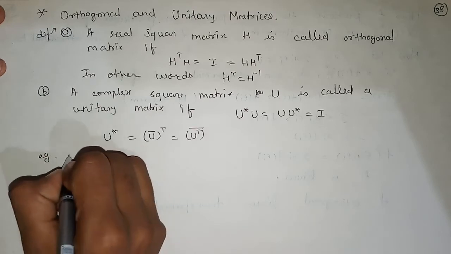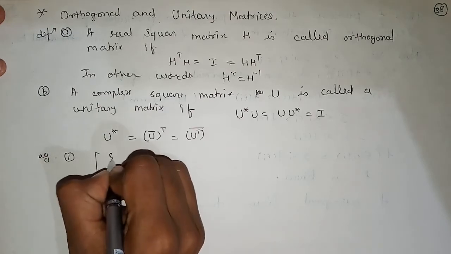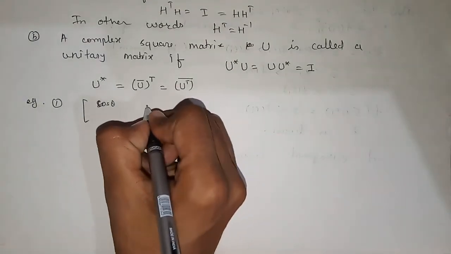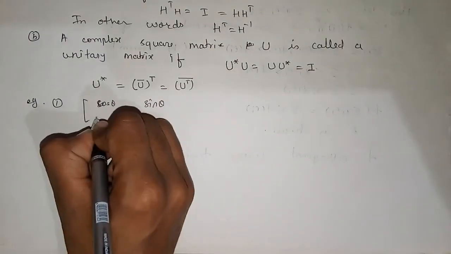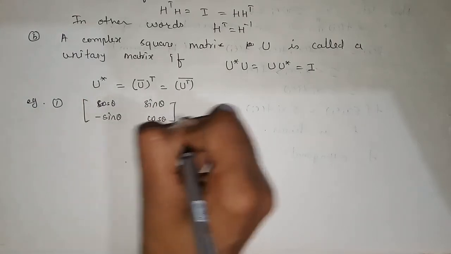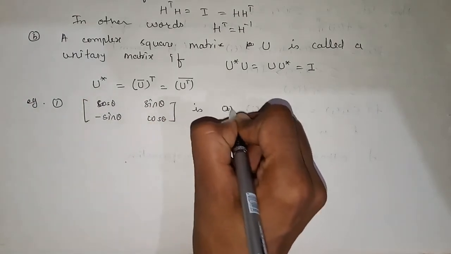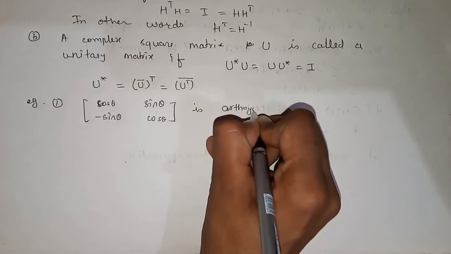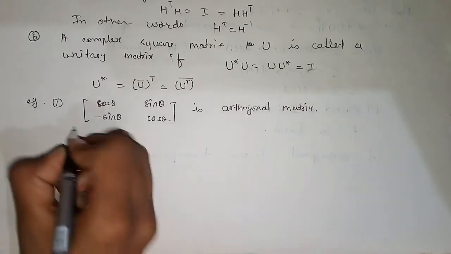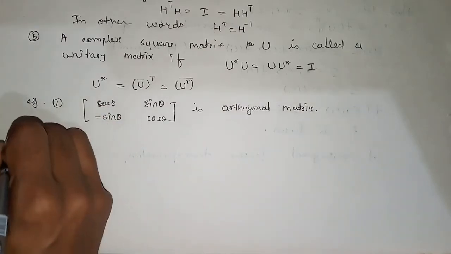So first one, we have cos theta sin theta, minus sin theta cos theta is orthogonal matrix. So we will prove this as orthogonal matrix. So this is, suppose, solution.